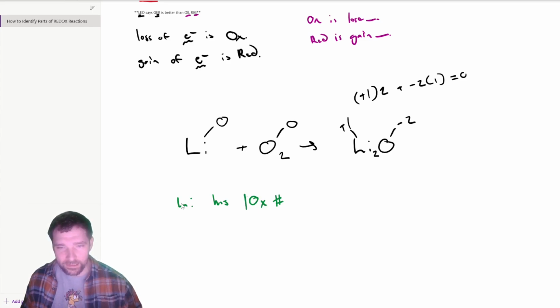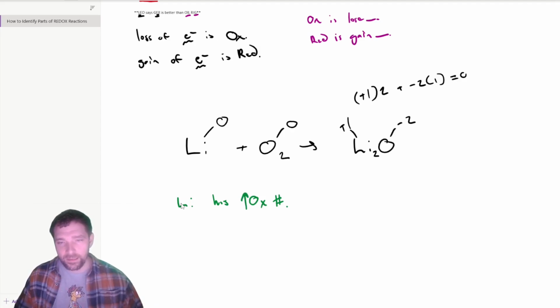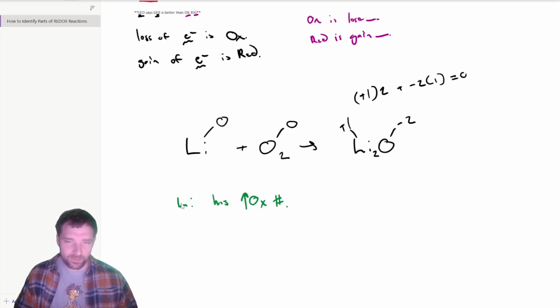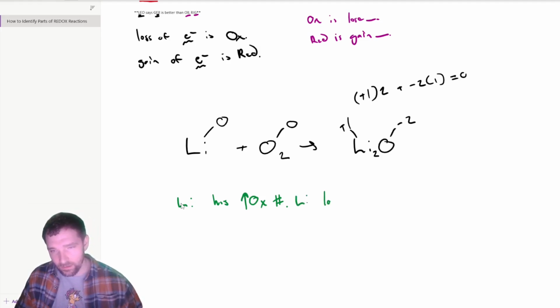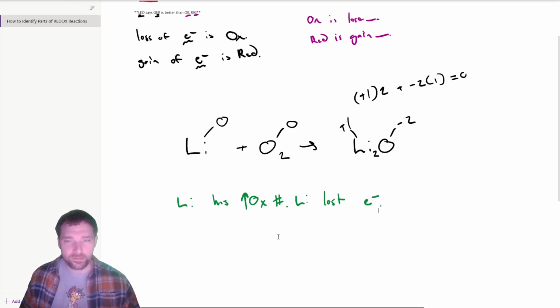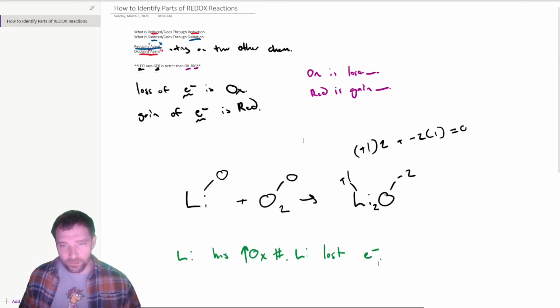So its oxidation number has gone up, which is kind of like charge. And if its oxidation number has increased, it has actually lost electrons. So we can say lithium lost electrons. And if we are talking about loss of electrons, that would be oxidation here.